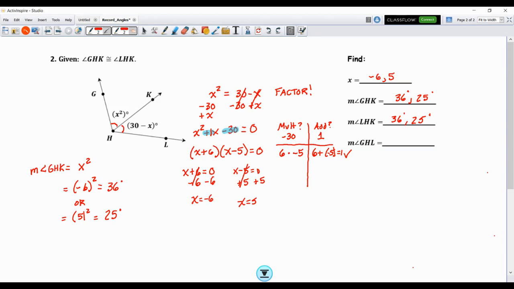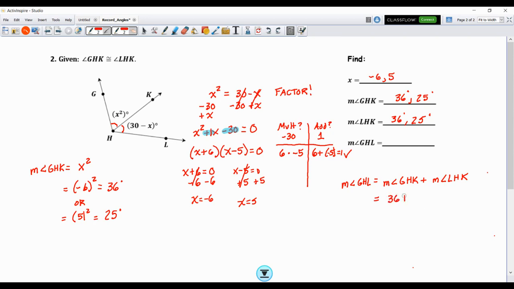Finally, we must find the measure of angle GHL. Well, we know from the angle addition postulate that the measure of angle GHL will equal the measure of angle GHK plus the measure of angle LHK. Since we have two options here for each, we'll explore both.